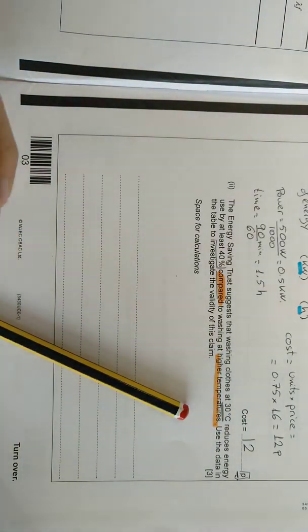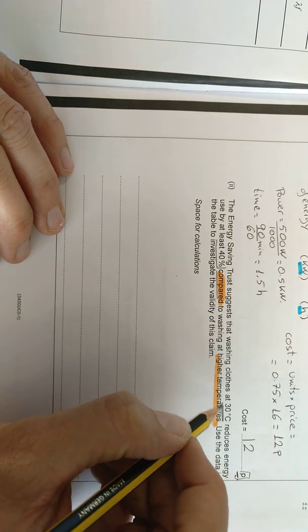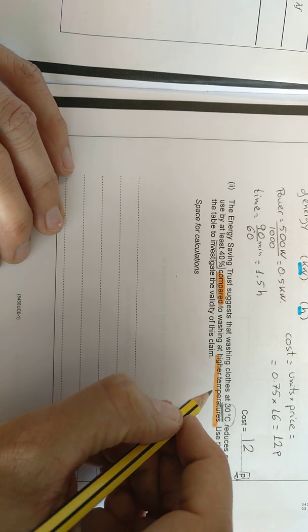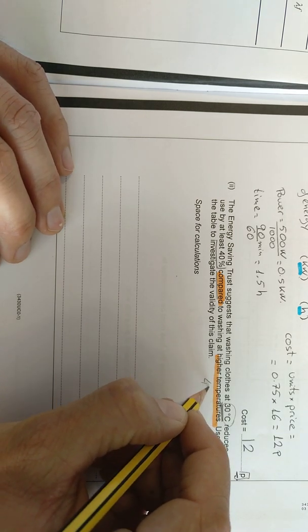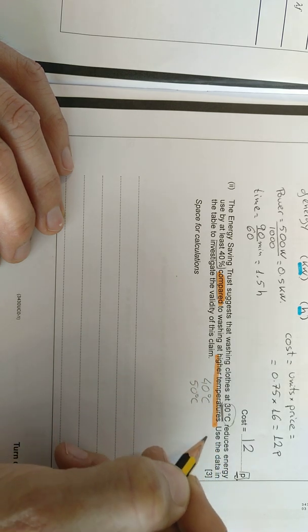Okay, what does it mean? This sentence means that we will need to compare 30 degrees with the higher temperatures. That means 40 degrees and 50 degrees Celsius.